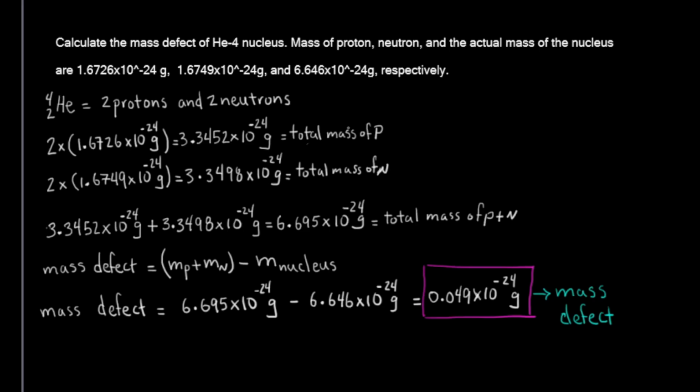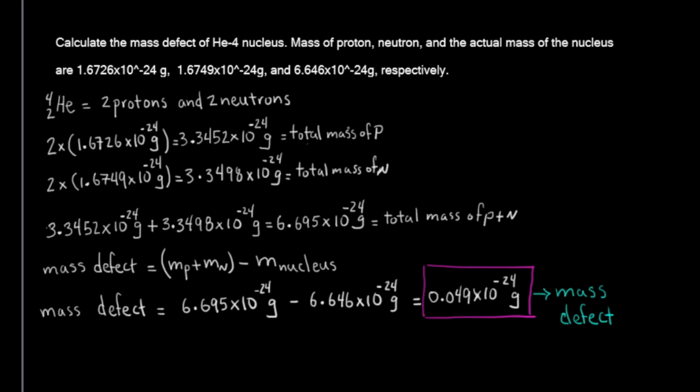The equation for mass defect requires that we subtract the actual measured mass of the nucleus from the sum of the free protons and neutrons. When we subtract the two numbers, we get a final answer of 0.049 times 10 to the minus 24 grams. This is the mass defect.